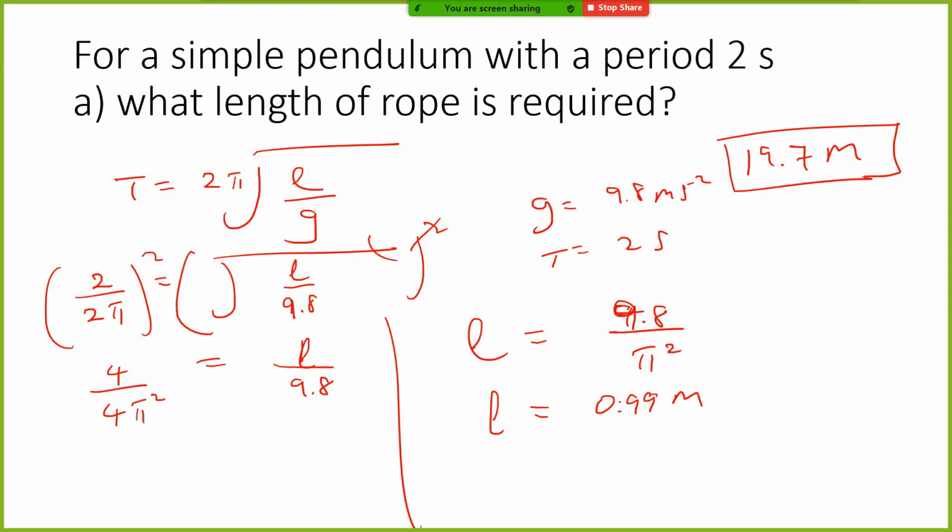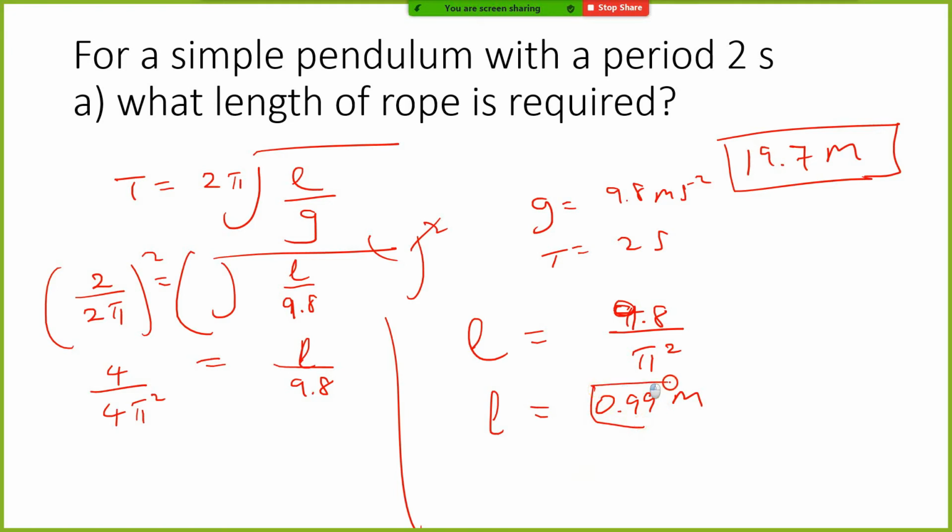Yes, sir. Wow, that's crazy, because when I had pi squared, I got 9.8 something. So if you divide 9.8 by 9.8 something, then you're supposed to get something around here.